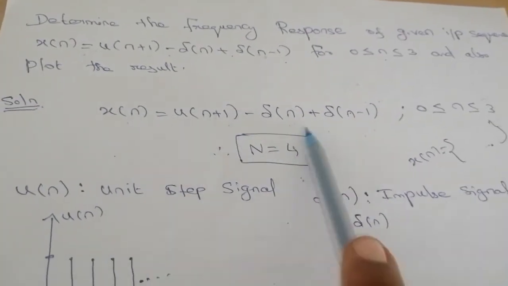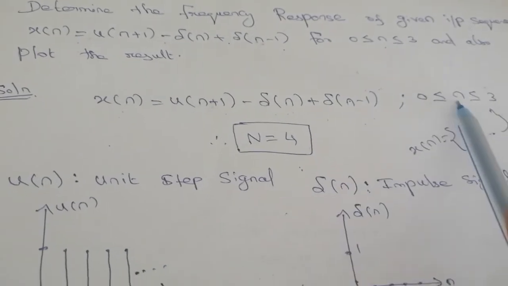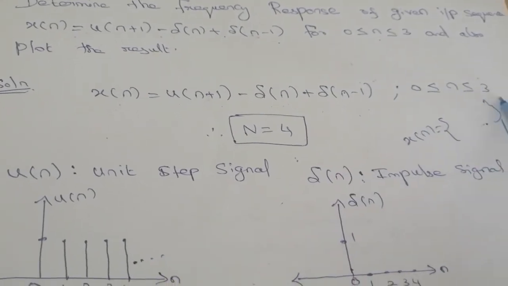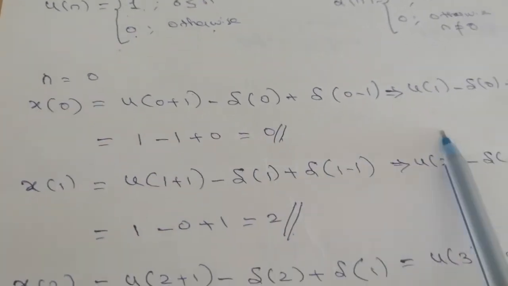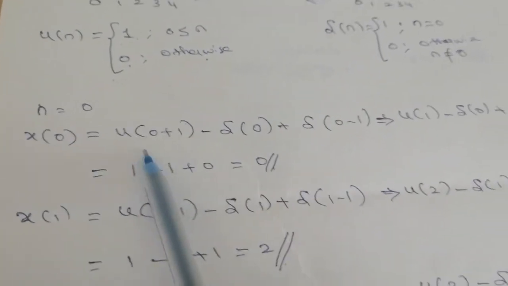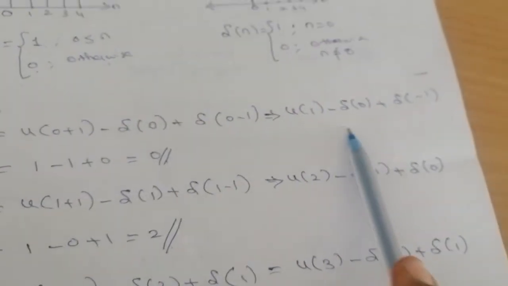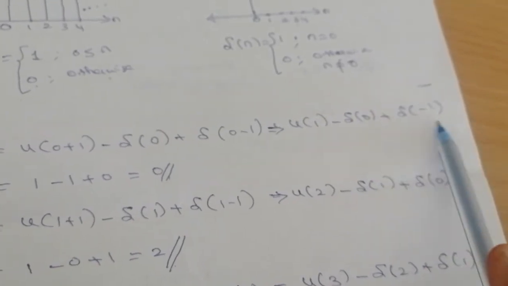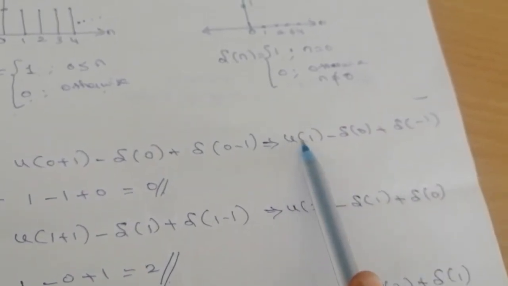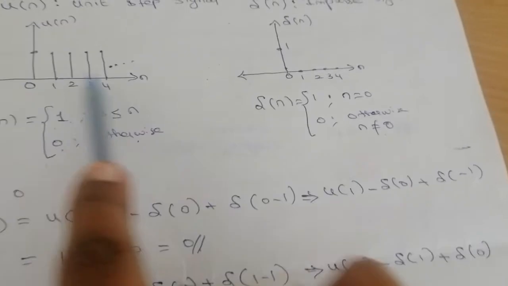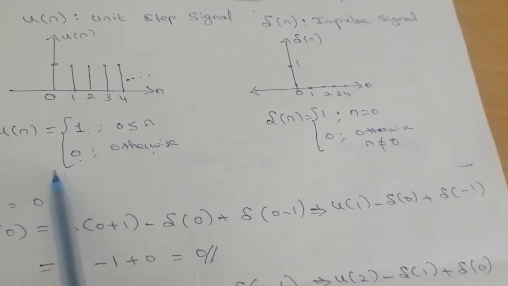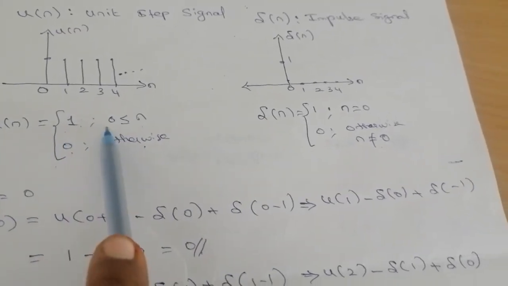So let's solve the equation by substituting n values 0, 1, 2, 3. First substitute n equal to 0 in the given equation. Then x of 0 is u of 0 plus 1 minus del of 0 plus del of 0 minus 1, which is nothing but u of 1 minus del of 0 plus del of minus 1. We know that u of 1 equals 1 with the help of the mathematical expression, since u of n equals 1 for 0 and positive values.